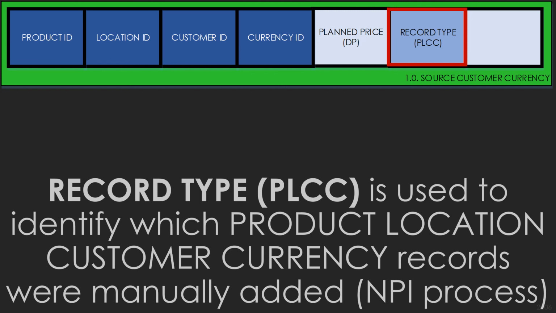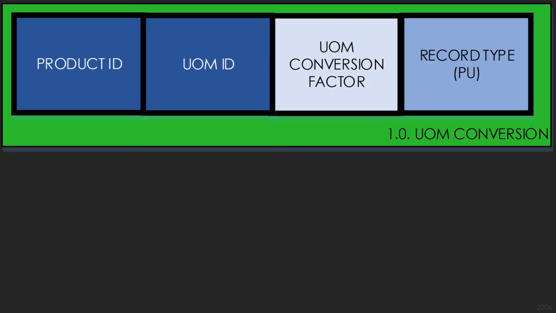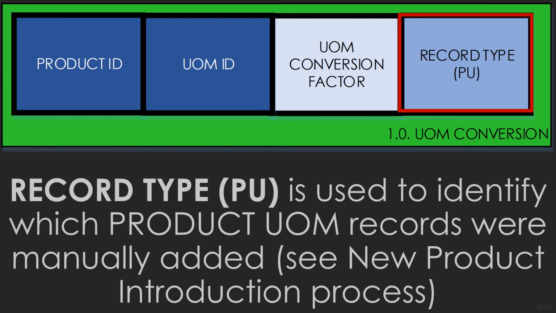Record type PLCC is used to identify which product location customer currency records were manually added, NPI process. Unit of measure conversion. Record type PU is used to identify which product UOM records were manually added. See new product introduction process.